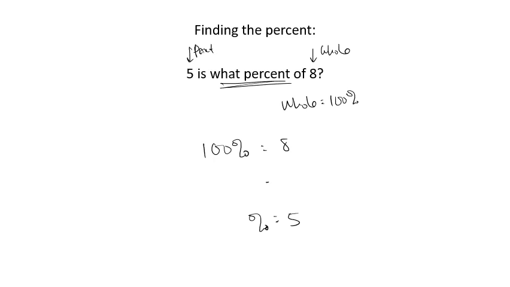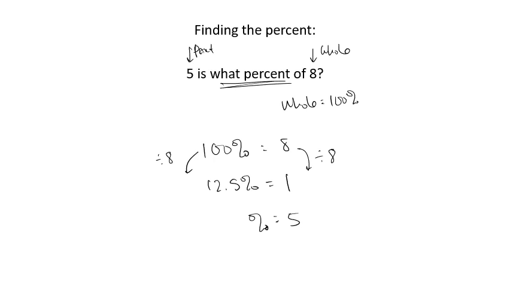Now, in the previous two problems, I was kind of nice and avoided any sort of decimals. Everything sort of divided out nicely. But in order to get the unit rate here, we're not going to be able to do that. So when we divide this by 8 to get 1, we're going to have to divide this 100 by 8. And as you probably know, 100 is not evenly divisible by 8. We get 12.5%.